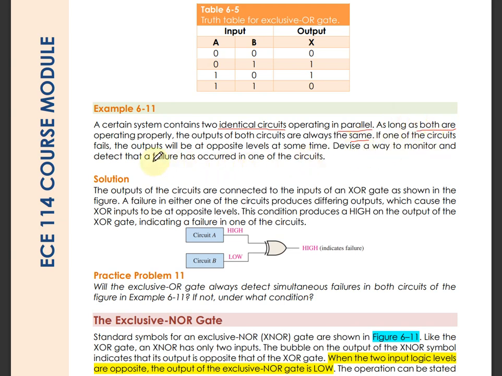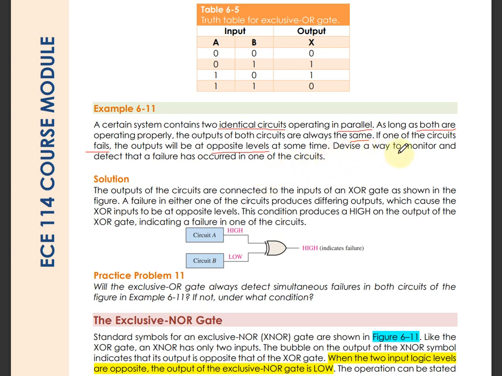If one of the circuits fails, then the output will be opposite to the other one, no? Since they are operating in parallel, then if nadyoy something sa isa ka circuit, then malahi jud ang iyahang output. Okay?